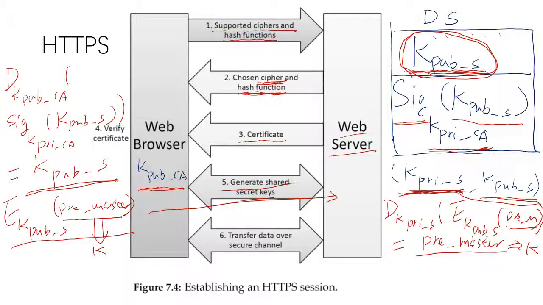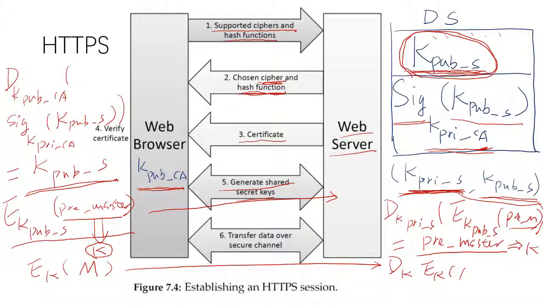Then from this time on, they can encrypt their messages with a symmetric encryption algorithm using the key K. Suppose, for example, the web browser wants to encrypt the message M with the encryption key K, then it can simply encrypt with K, and when this message is transmitted to the web server, the web server can decrypt it with the same key and restore the message M.